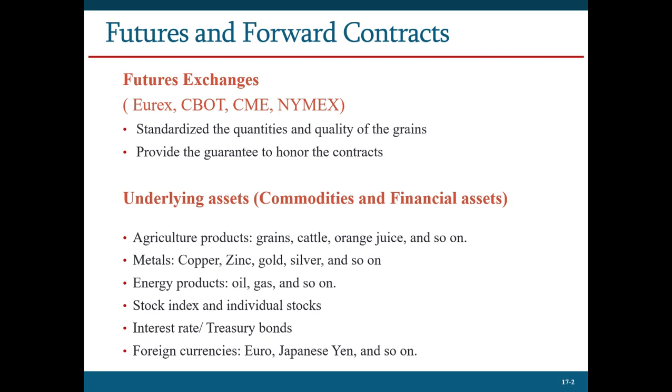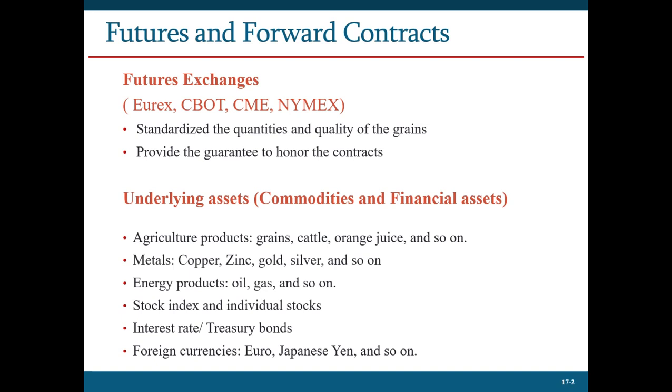In the United States, we have three major futures exchanges, and two of those are located in Chicago. One is CBOT, the Chicago Board of Trade, and the other is CME, the Chicago Mercantile Exchange. Both exchanges trade financial futures contracts as well as commodity futures contracts.